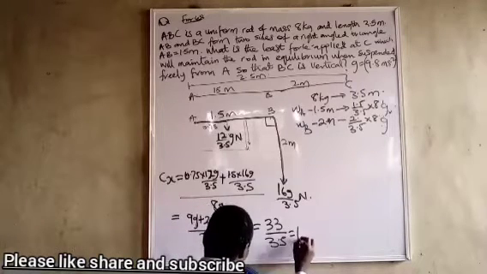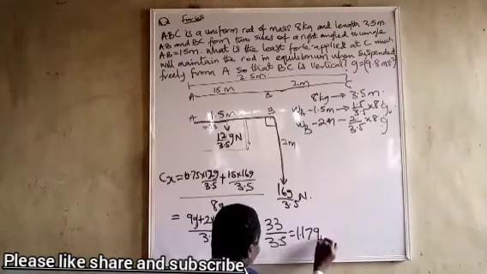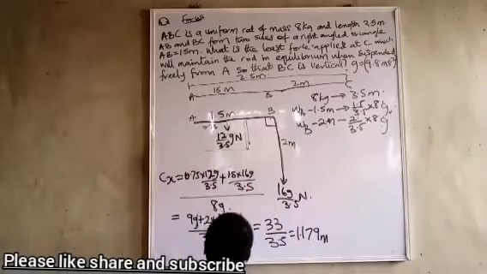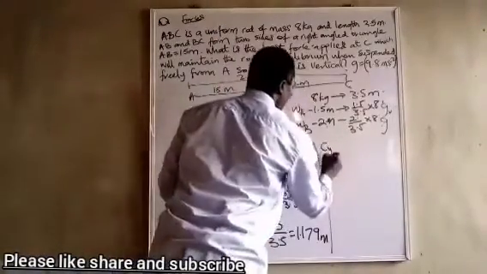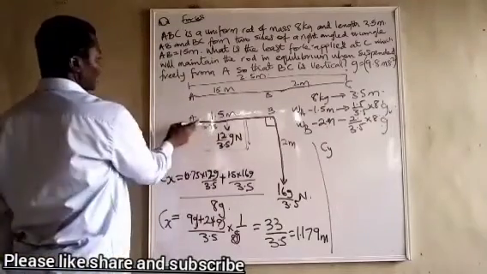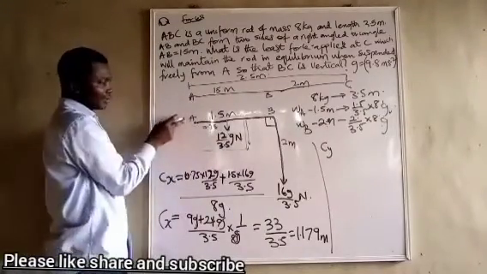So this one gives me 1.179 meters along this place. So that is Cx. Now let's get Cy. That is moment about this place. You can see that this one has no moment about this place, but this one has.